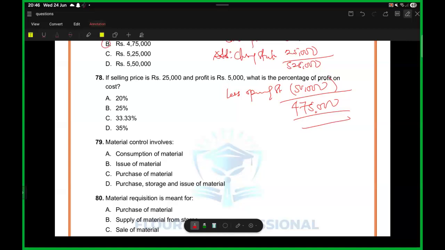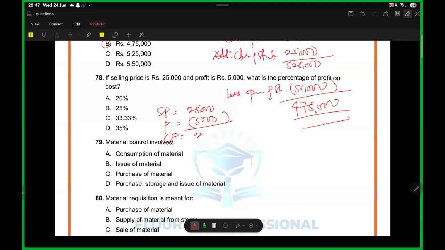If selling price is 25,000, so we have SP as 25,000, and profit here is 5,000. What is the profit percentage? So very, very simple. If I subtract the profit from the selling price, I should get my cost price.